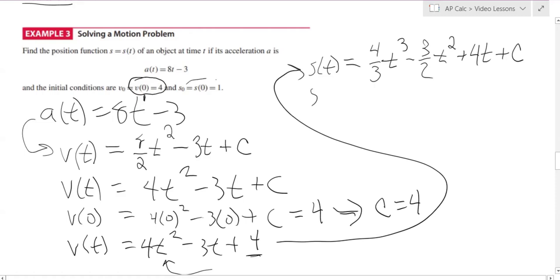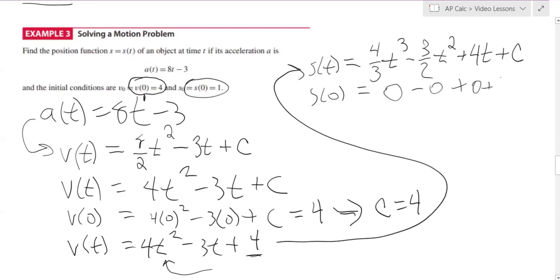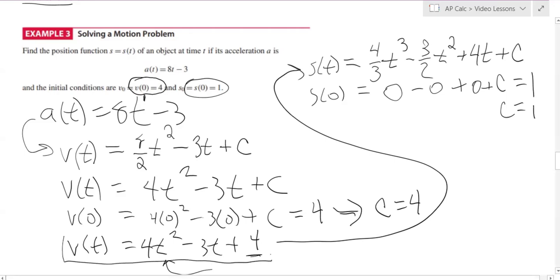You plug in the initial condition, s of 0, and this term is going to be 0 minus 0 plus 0 plus c equals 1. So c equals 1. Now, a lot of students end up stopping here because they got an answer, c equals 1. But the problem said to find the position and velocity functions. Well, here's the velocity function.